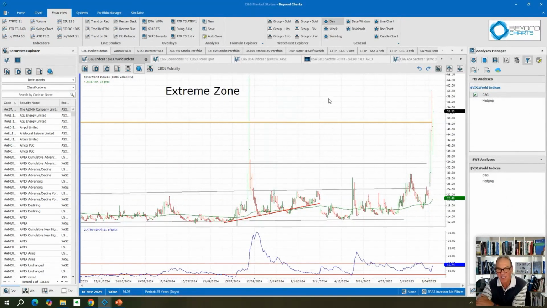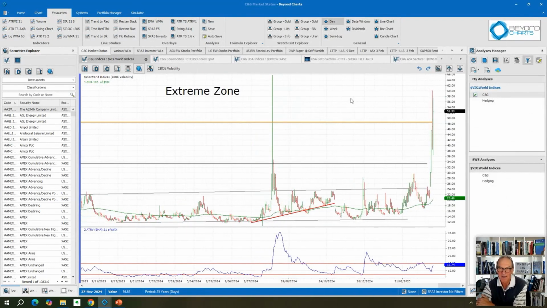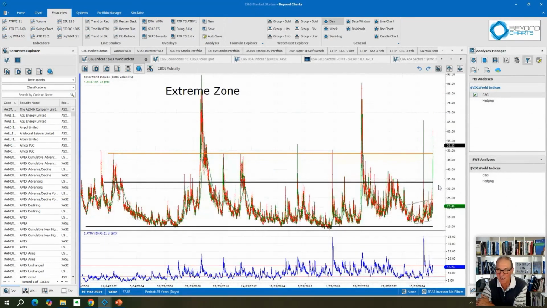VIX is pretty volatile, and so the number of times it gets above 30 would be quite high. I've got a high over here, at 33.2. They're around about 33, maybe, but I haven't tested that, Mark, at all.